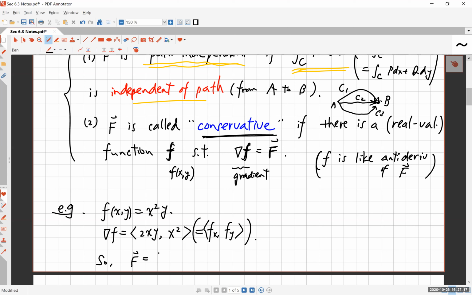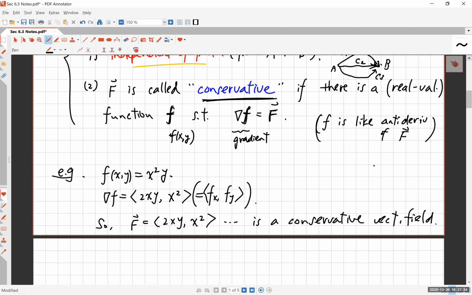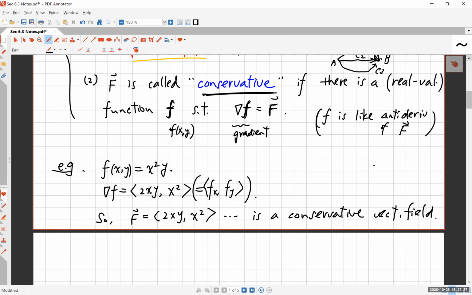The vector field F, 2xy, comma, x squared, is a conservative vector field by definition, because it is the gradient of a lowercase f, which is x squared times y, or x squared times y plus any constant. And in this case, I should have mentioned it up here, this lowercase f is called a potential function.